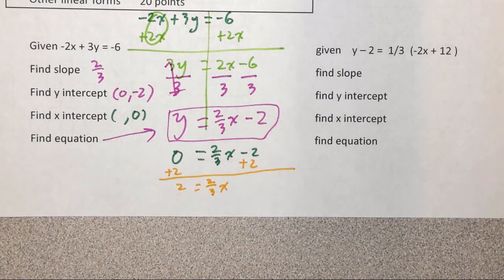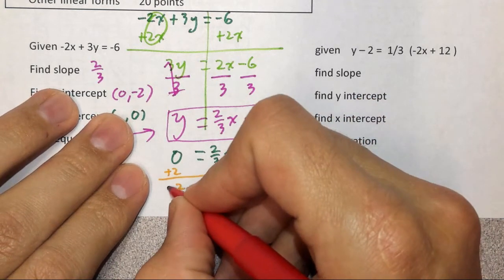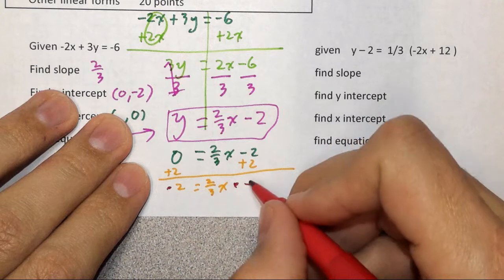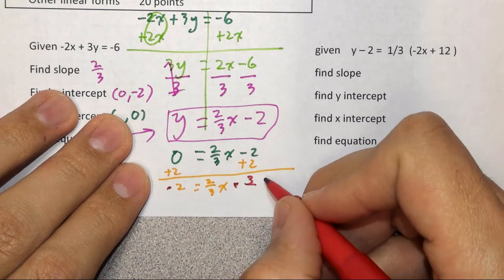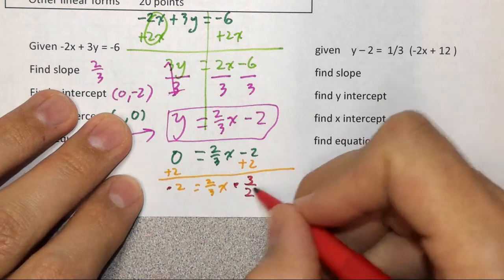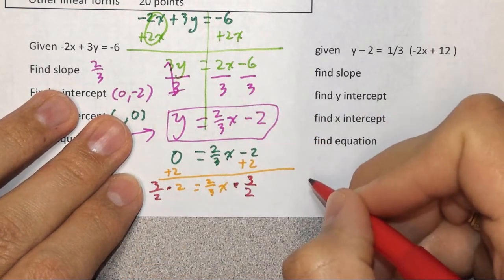And here's a couple different ways to do it. I like just saying, hey, I need to multiply both sides by a fraction because it's a fraction. The 3 is on bottom, so I need to multiply by 3 on top. 2's on top over here, so I need to multiply by 2 on the bottom. Whatever I put over here, I just copy it to the other side.